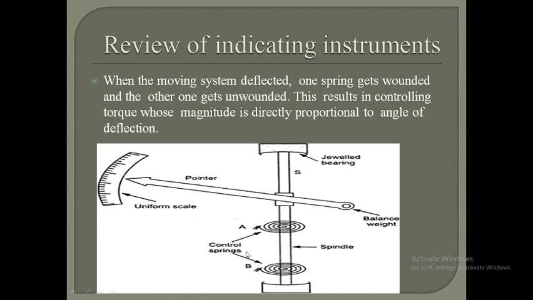So springs are used for controlling the position of the pointer and for producing the controlling torque, right? So it is balanced, and the pointer will stay at the desired position in the scale, so that you can take the measurement.